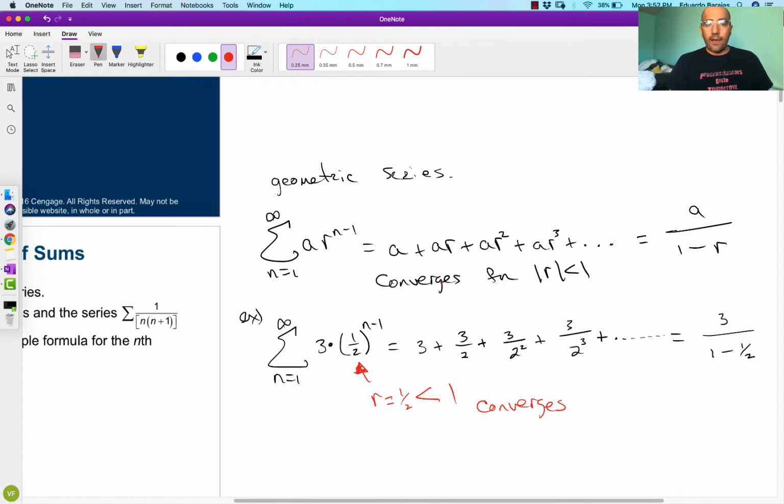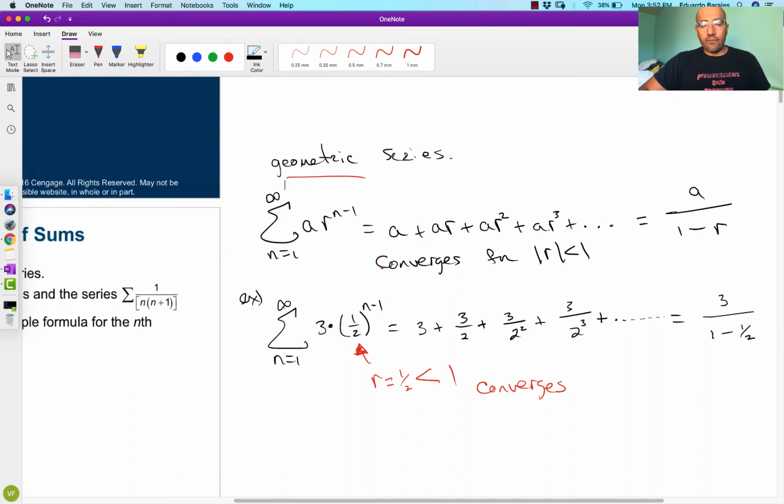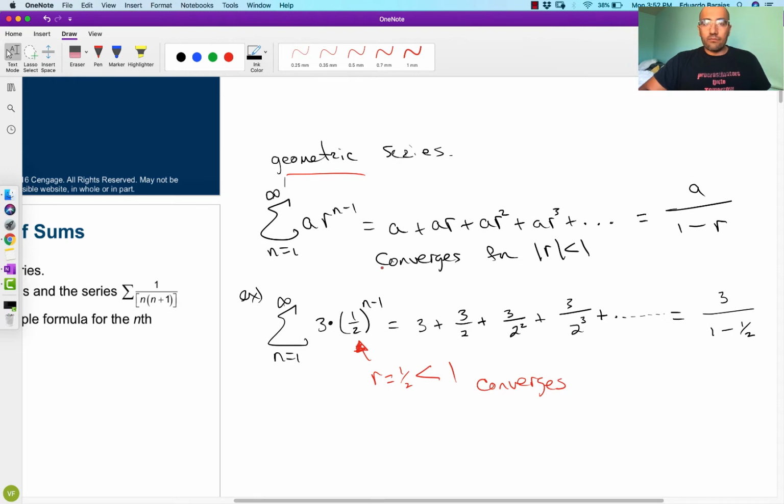Okay, so that works out great for geometric series, but what about things that don't fit a geometric series form? There's plenty of stuff that doesn't fit that form. Some of them have a simple formula for the partial sum s sub n, and we can figure it out from there, but many of them do not, right?